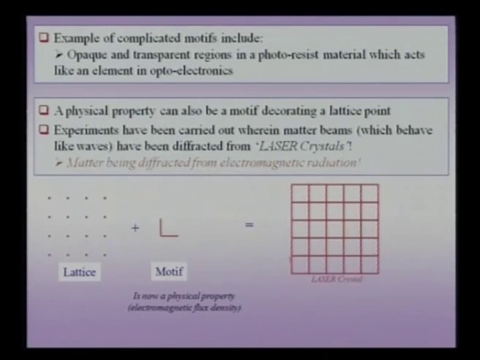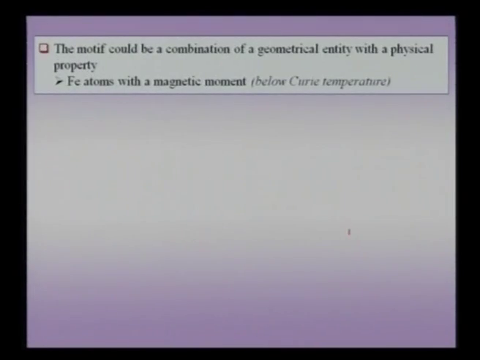So we can have these curious experiments and these curious kinds of motifs which go on to decorate lattices. In this lattice, for instance, there are no atomic entities, and it is purely described in terms of a physical property, which is now the electromagnetic radiation density. We could have diverse kinds of crystals, but the language of crystallography remains the same, and the analysis in terms of that language also remains the same.